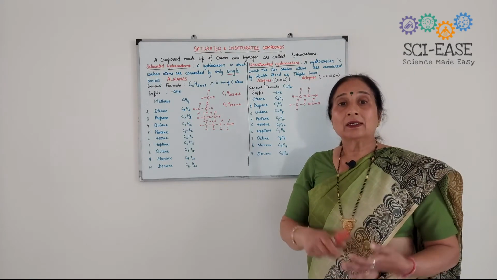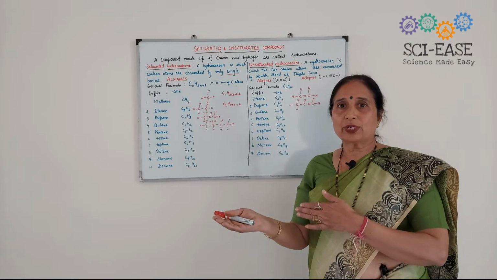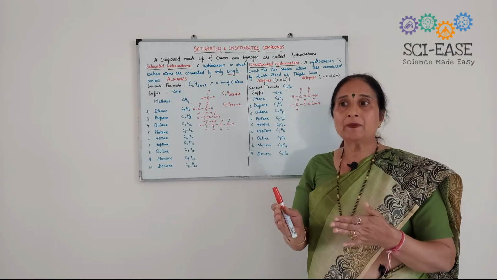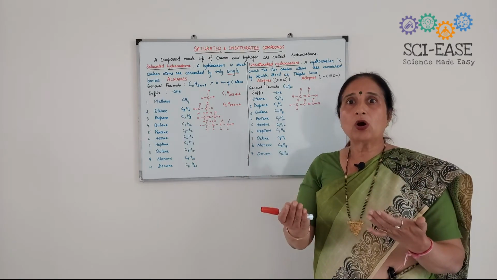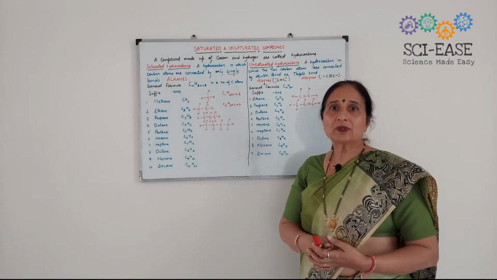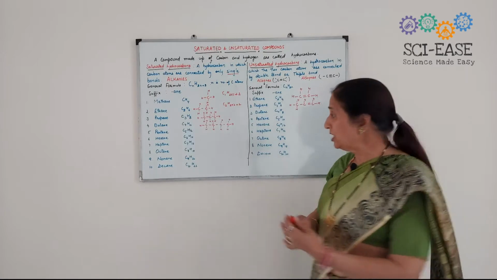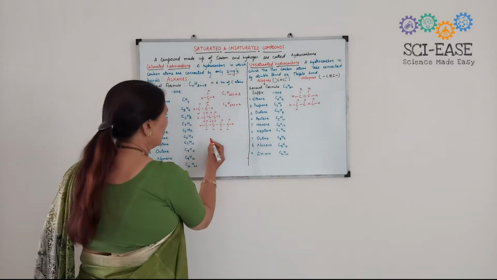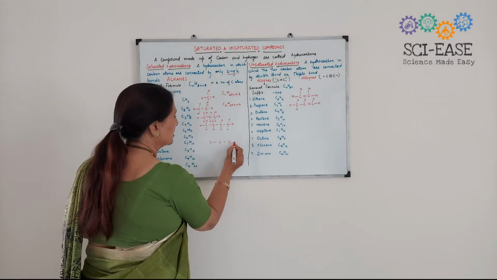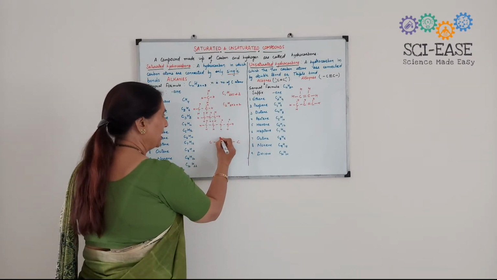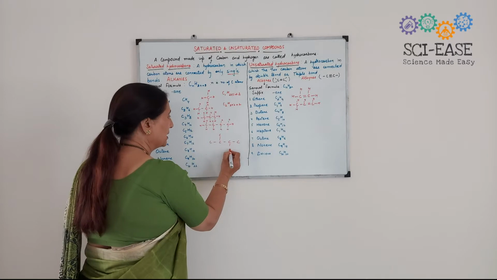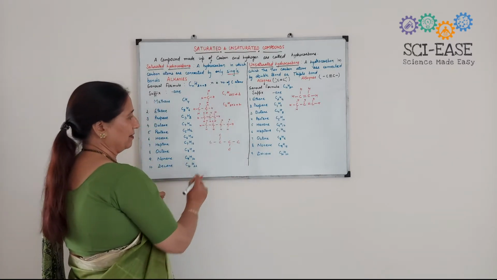Hydrocarbons, saturated and unsaturated both, can be written in long chains, or in the form of branched chains. Branching may be there. I will take one example. Suppose this is a chain of carbon, 4-membered, and I write here CC.